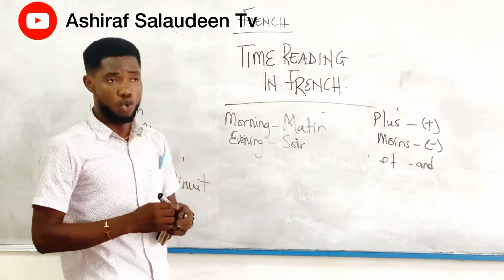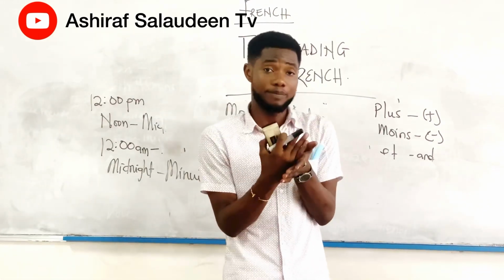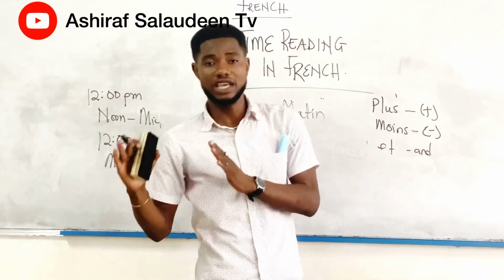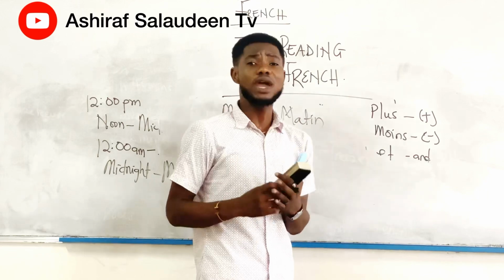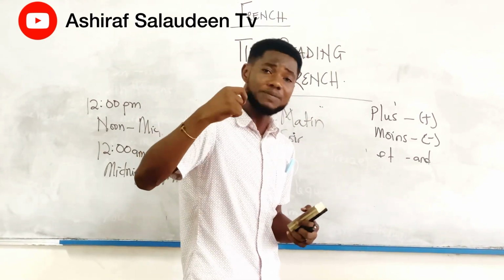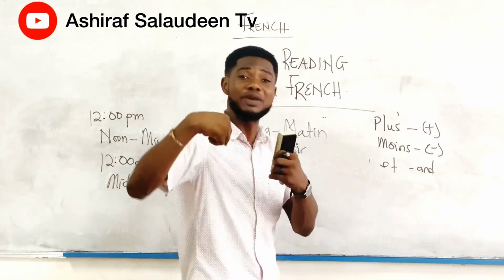So even though we are told that when it is PM in French, we use the GMT, so 1 p.m. we are going to say 13, there are days where they give us the time in the normal AM and PM in French.